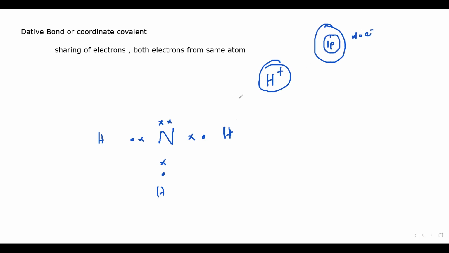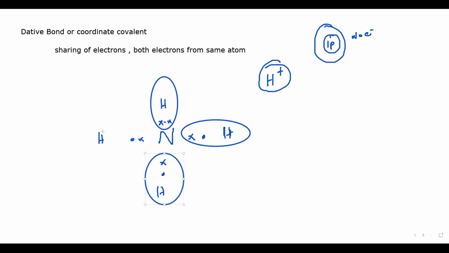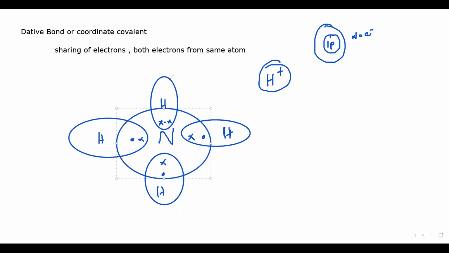So this proton attaches to the lone pair of nitrogen. As you can see, both of the electrons belong to nitrogen. Hydrogen does not share any electron, but it appears to be a sharing of electrons. It's also a sharing of electrons, but that is due to one atom only. And the molecule will get a charge.